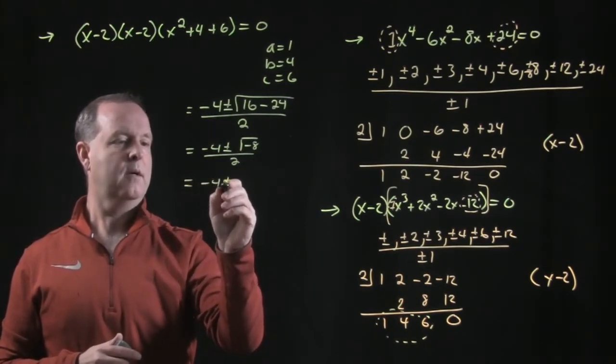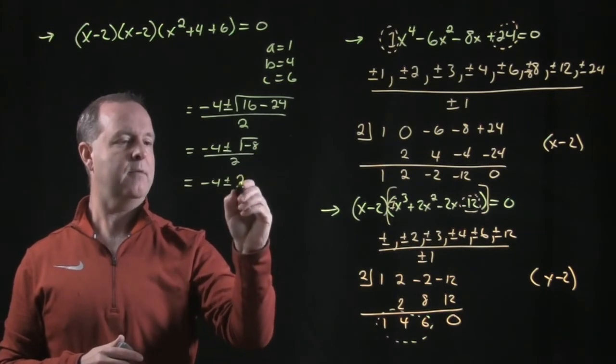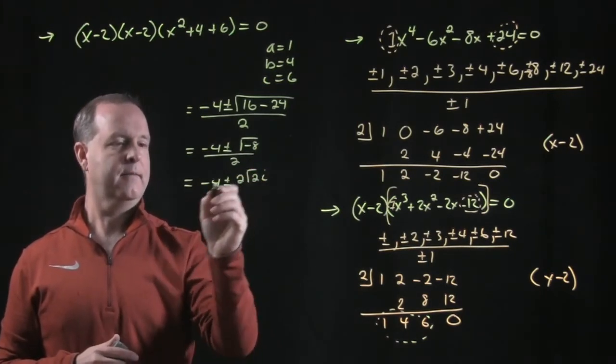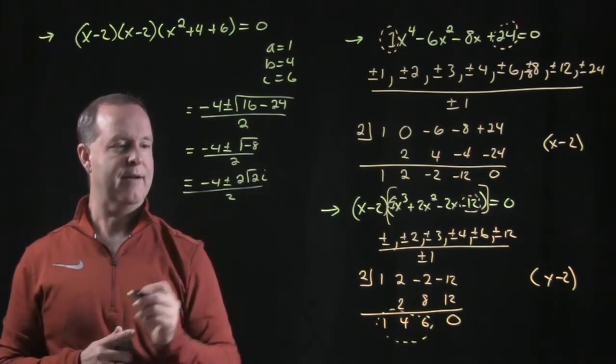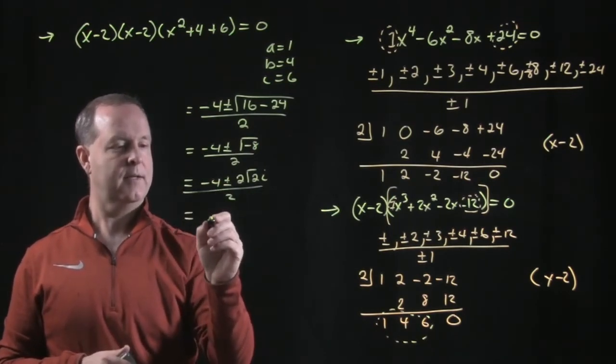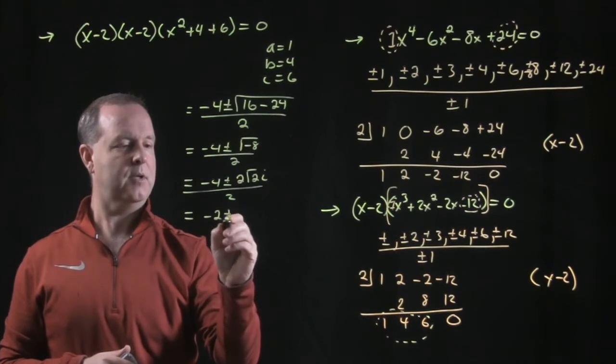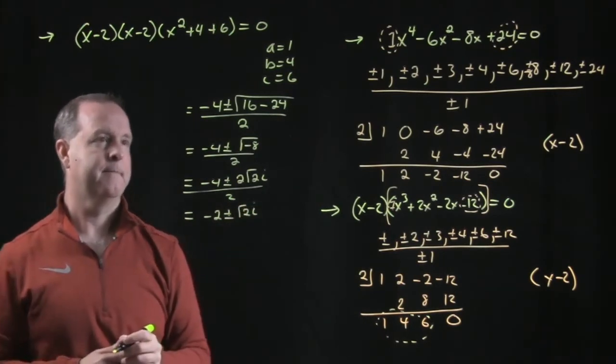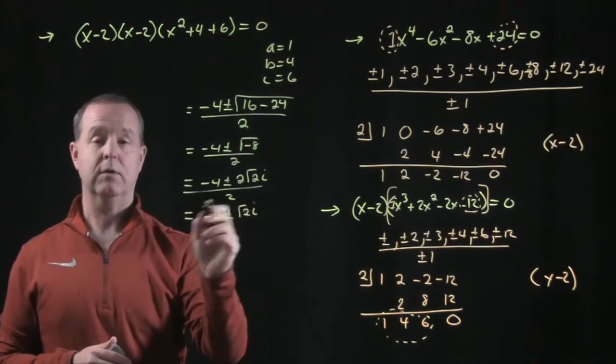Negative 4 plus or minus a 2 pops out. I'm left with a root 2 i all over a 2. I can factor a 2 out everywhere. So I have a negative 2 plus or minus root 2 i. And there's my next two solutions.